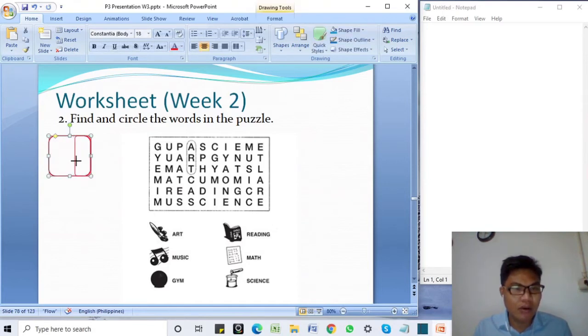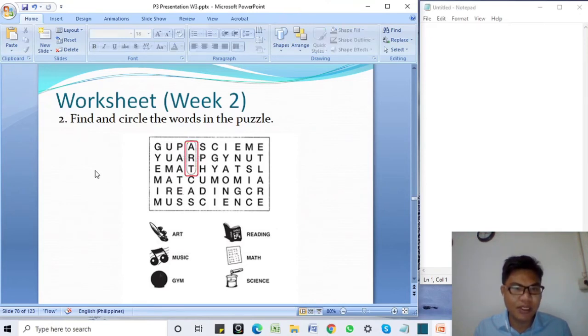We have already found one. That is art. Once you found them, you have to encircle them. Encircle. Okay? So you have to look for 5 more words in the puzzle. Okay?